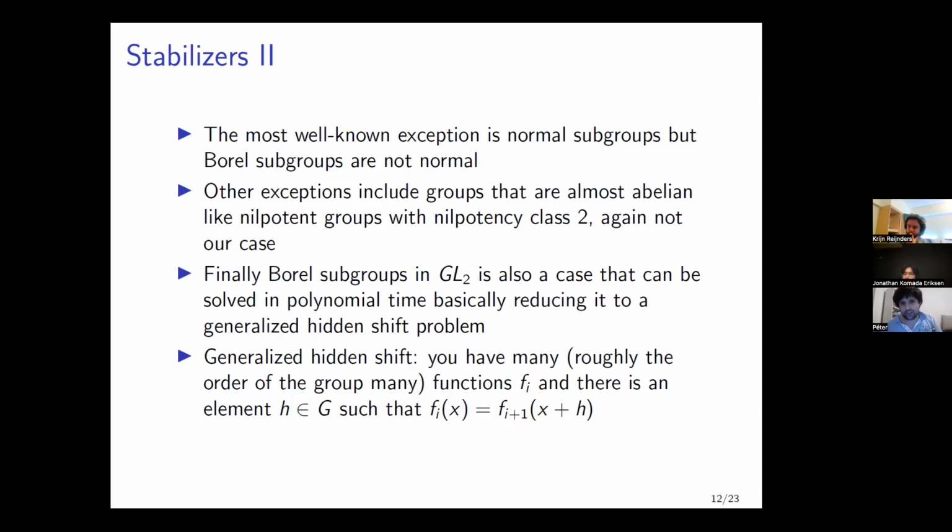A generalization is when you have many functions, and each of them is a shift of the previous one with the same h. And if you have many of these, for almost all group elements, or one over polynomially many fractions of them, then you can solve this in quantum polynomial time.